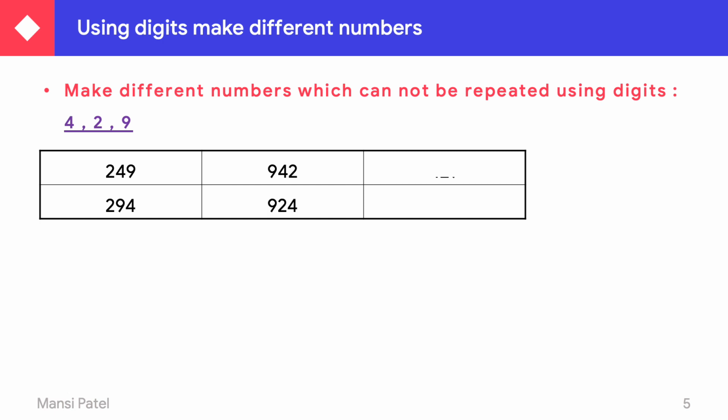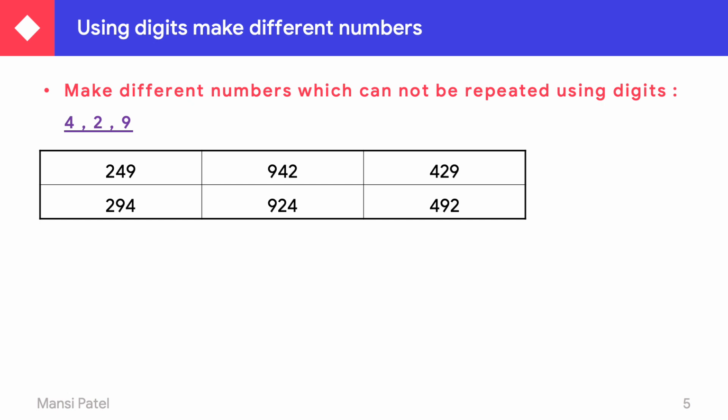So it becomes 924. Now another one is 429. So just change the place of ones and tens. So it becomes 492.